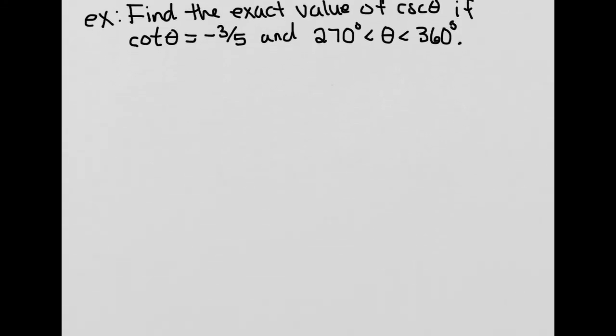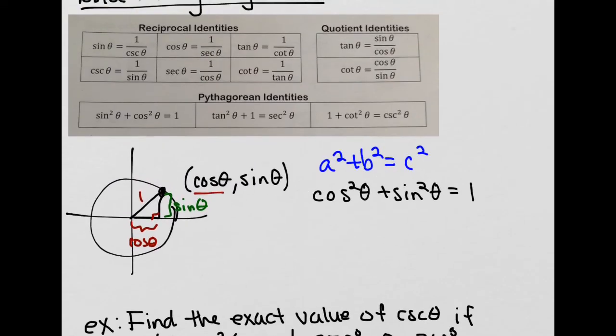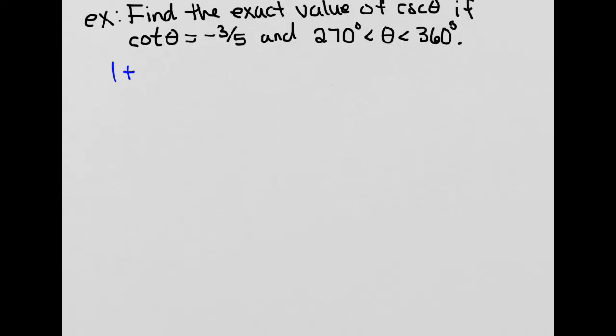So let's write that down. 1 plus cotangent squared equals cosecant squared. Okay, we know cotangent is negative 3/5, so we'll plug that into the cotangent.